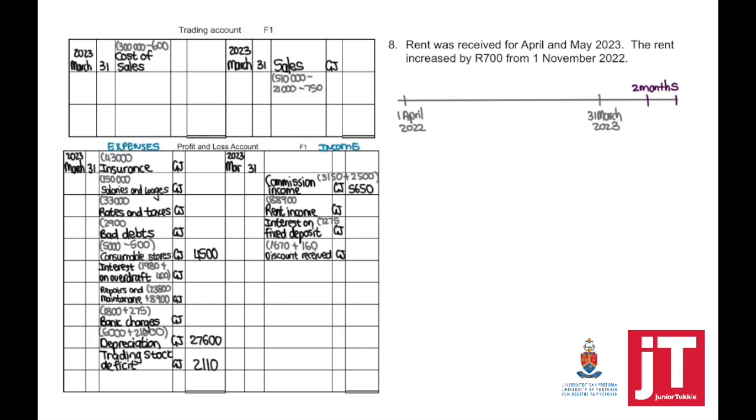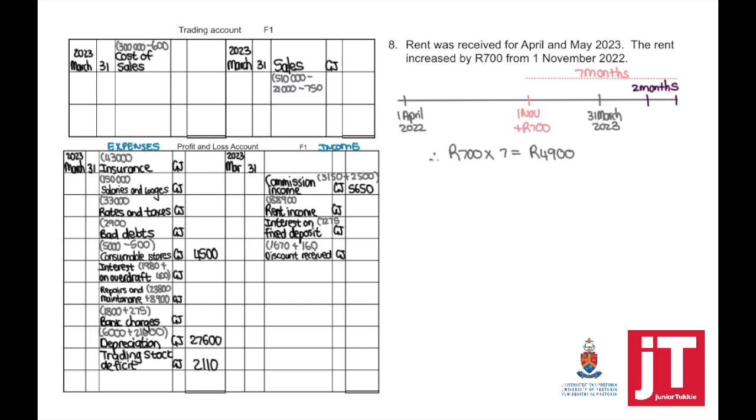But now we can't just take the total brought forward from the pre-adjustment trial balance and divide it by 14 to find out the monthly rent, because it increased with 700 from the 1st of November. So step number 1, take out the total increased amount to find what was the rent before the increase.